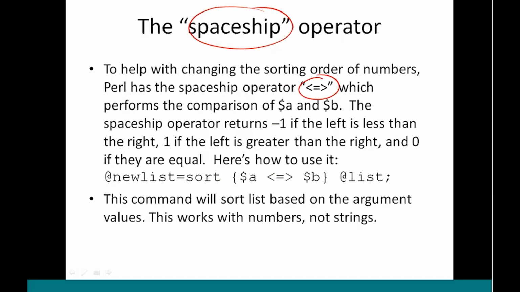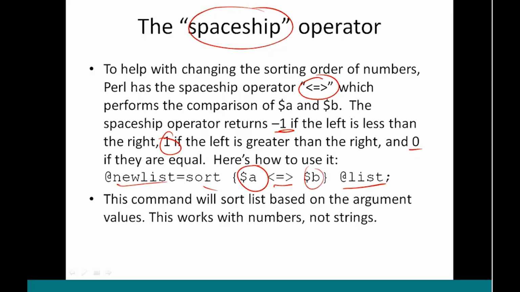The spaceship operator essentially returns -1 if the left is less than the right, 1 if the left is greater than the right, and 0 when they are equal. So here is how to use it: the new list is sort, then $a spaceship operator $b, and then the list. This is a real numeric value sort.